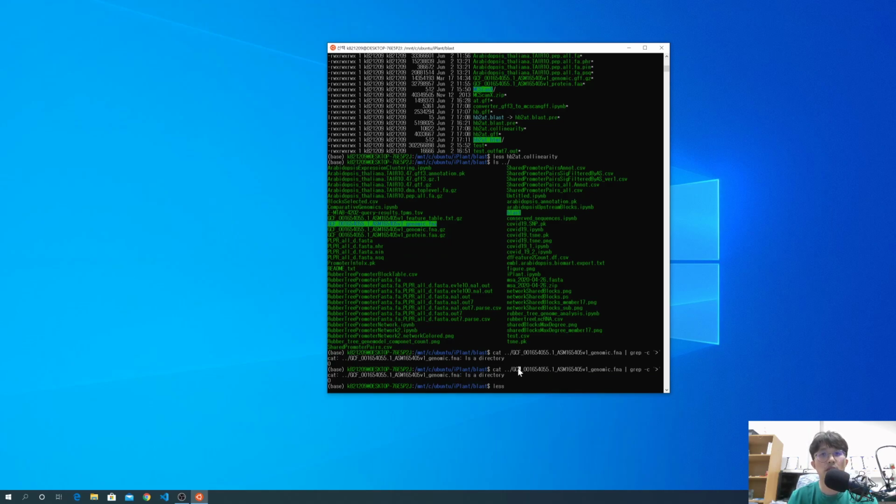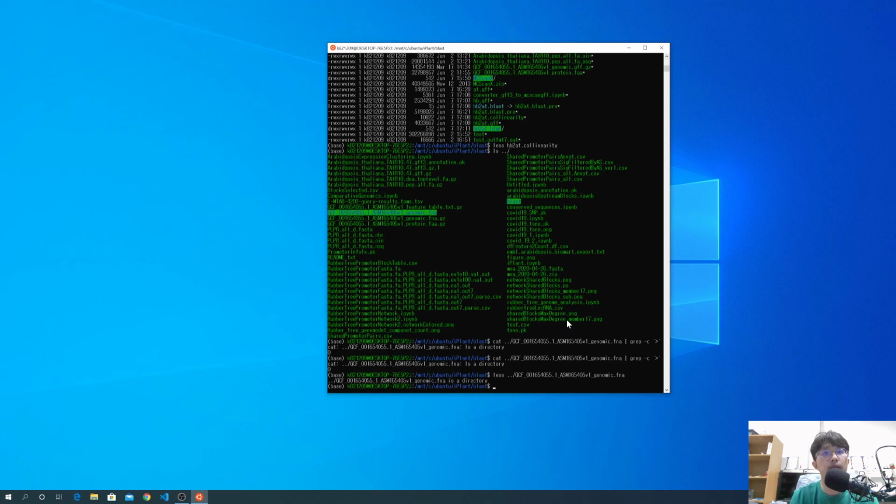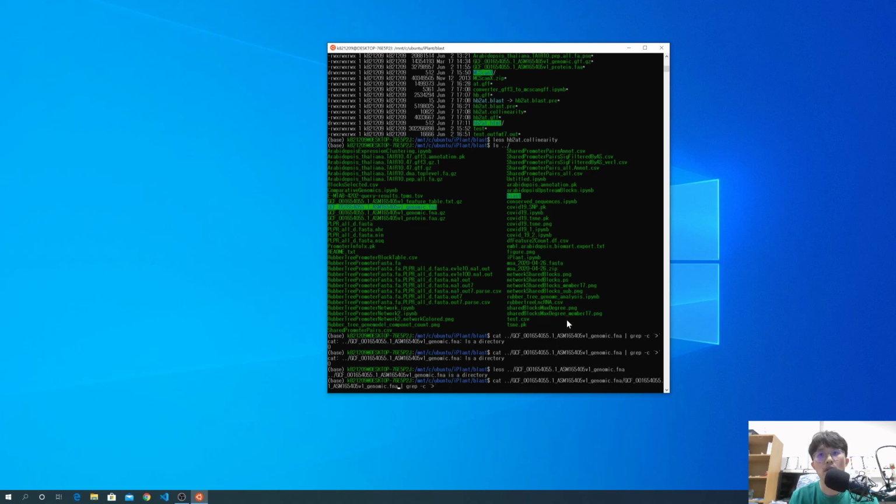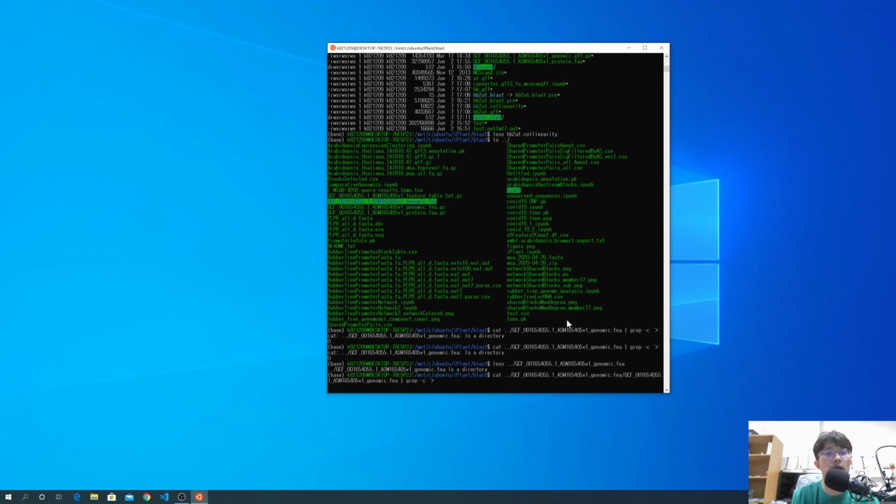What is the meaning? That was a directory. It looks like a file, but it was a directory. So from this command, we can count the header starting with this symbol.